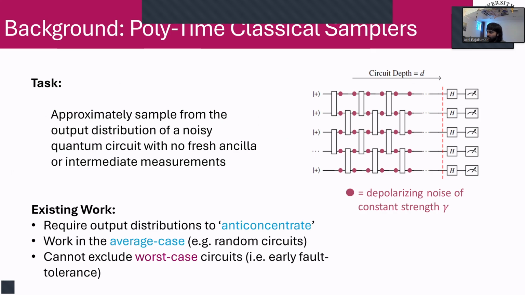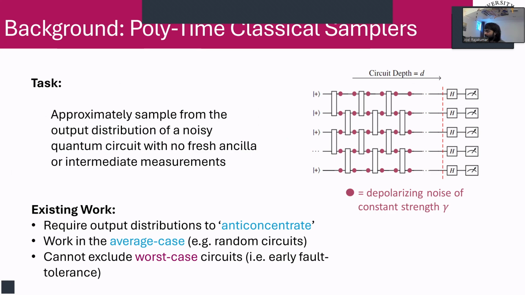So one interesting thing is that there is a large body of existing work in this model, but a lot of it actually requires the output distribution of the circuit to anti-concentrate. And this is because anti-concentration comes up in proofs of easiness and hardness, so it makes sense. But what this means is that it can only be an average case statement.